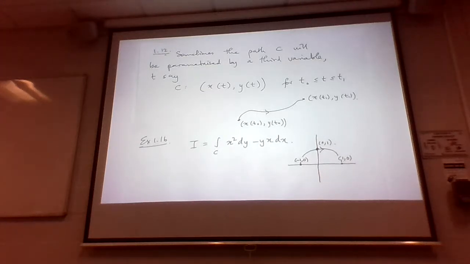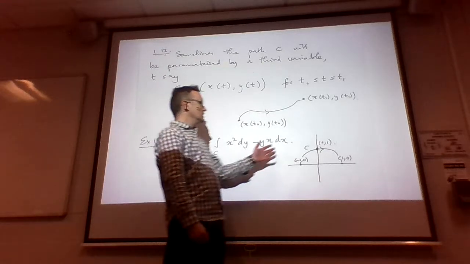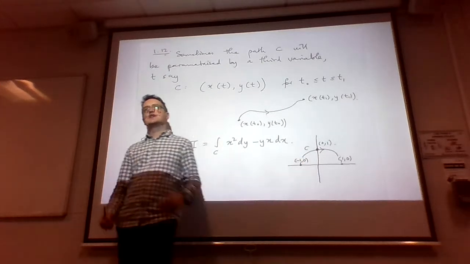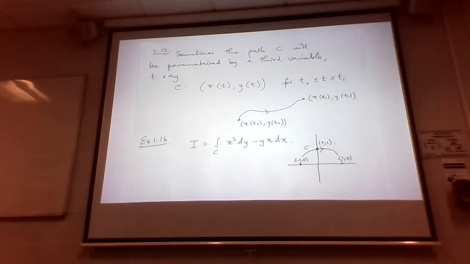So this is our curve C. Okay, well, you might describe that curve C in terms of the x and y coordinates directly, but then, because you're talking about a circle, you're going to probably have expressions to do with the square root of the sum of squares of x squared and y squared. It's the radius term.